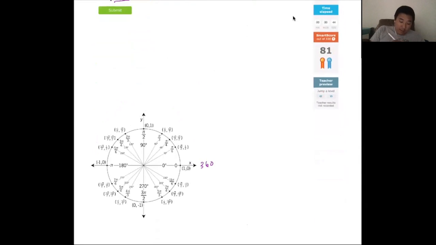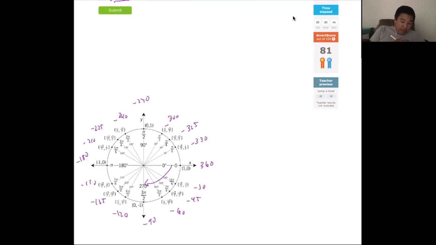If you want to go -180, this is -90, -180, -270. Then -30, -45, -60, -90, -120, -135, -150, -180, -210, -225, -240, -270, which I already wrote, -300, -315, and then -330.